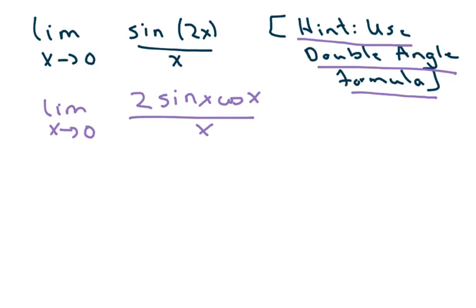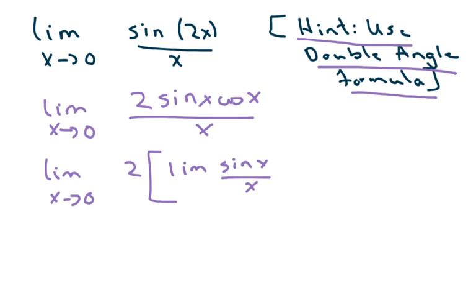And then I'm going to break this down as 2 times the limit as x approaches 0 of sine of x over x times the limit as x approaches 0, should have put that here too, of cosine of x.